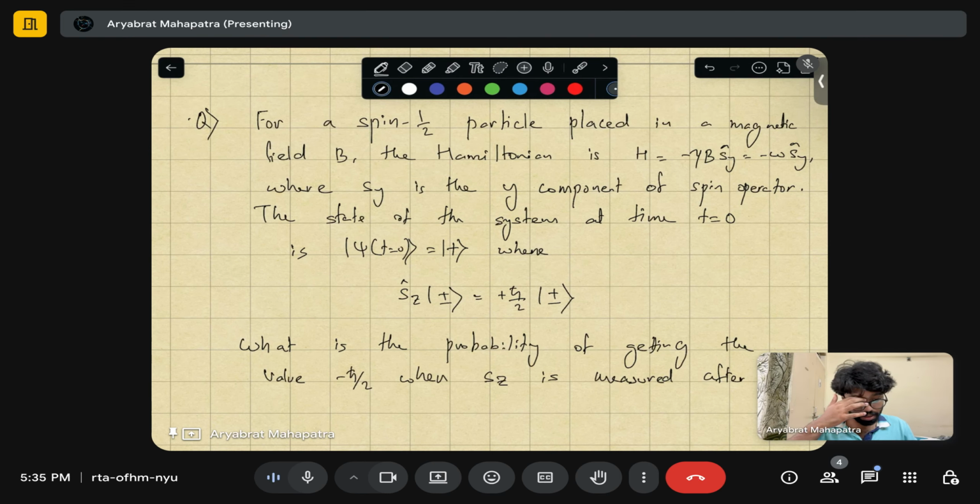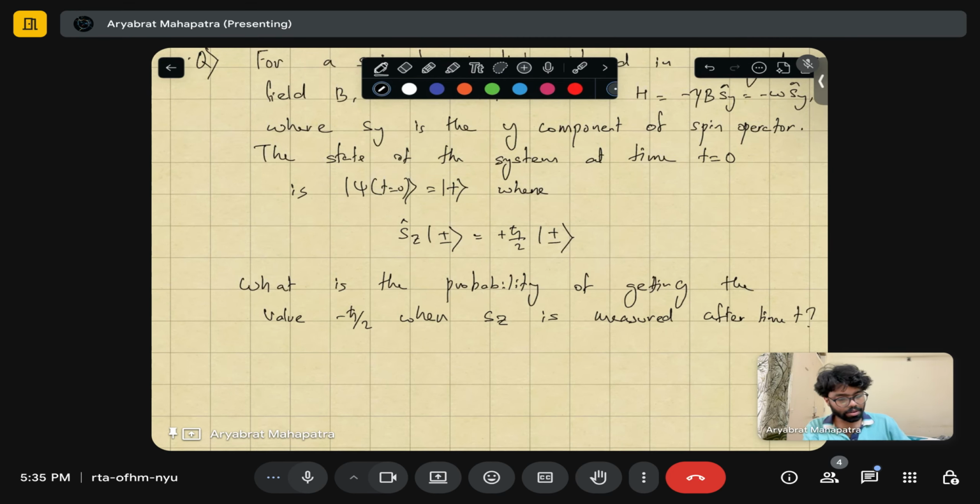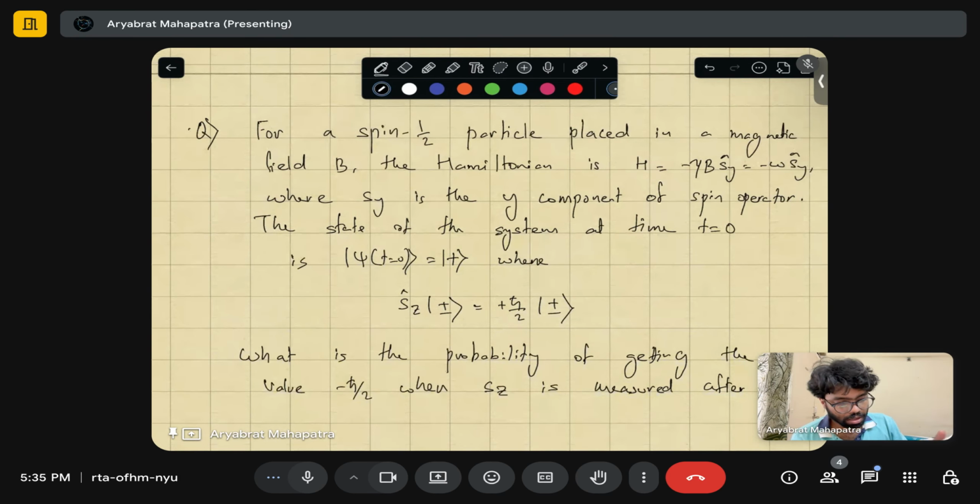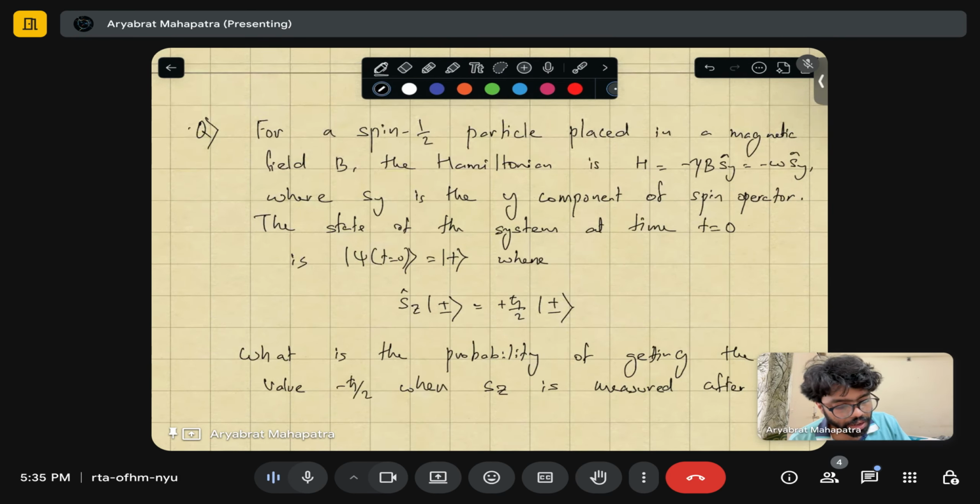So what is given right here? You have a spin-half quantum particle in the presence of a magnetic field B, whose energy or Hamiltonian is given this way, where Sy is the y component of the spin operator.